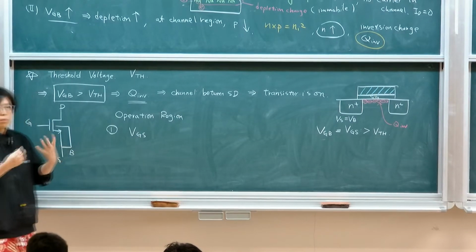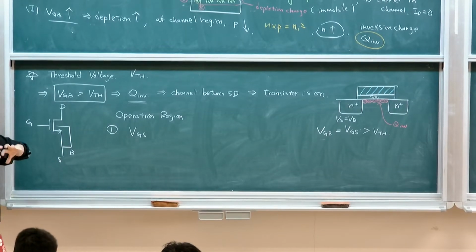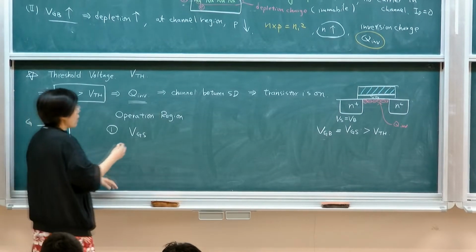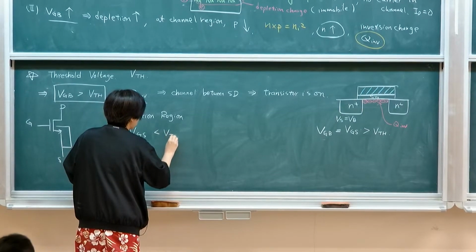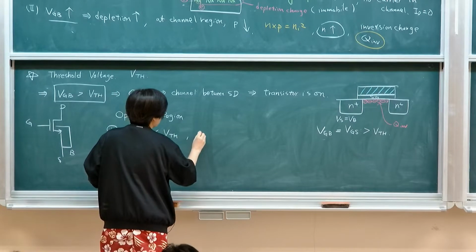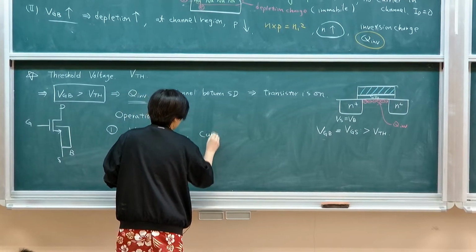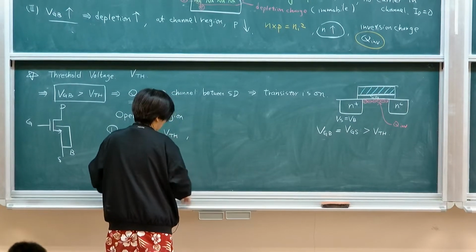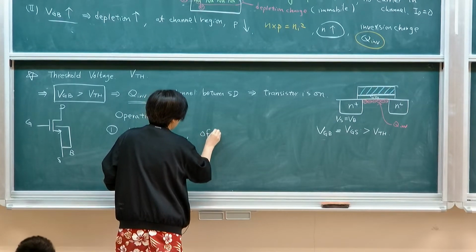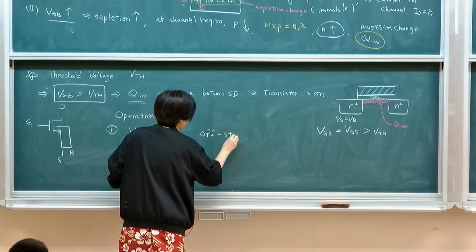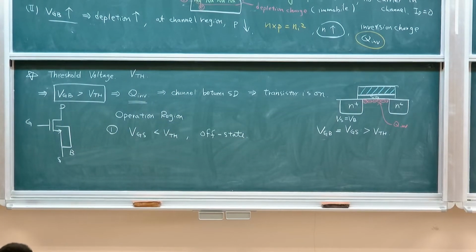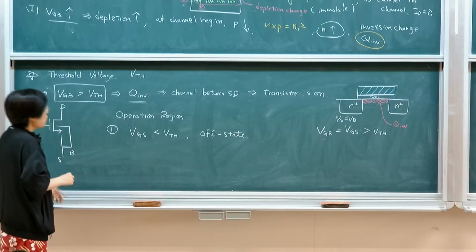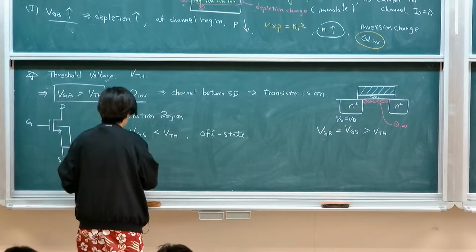So VGS is the better index to describe a transistor. Let's say VGS is smaller than threshold voltage. There's no channel, so this is called off. The device is in the off state. It's the same as cutoff, because there's no conducting path in your channel. Okay, so this is the first region, off or cutoff.